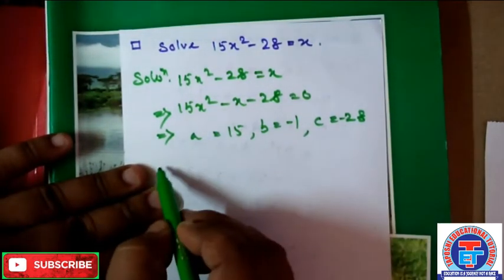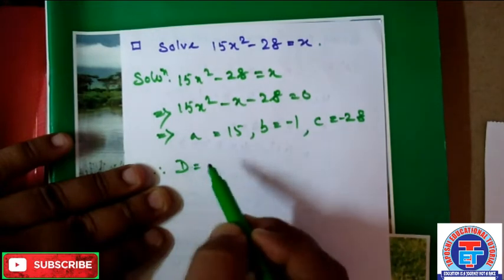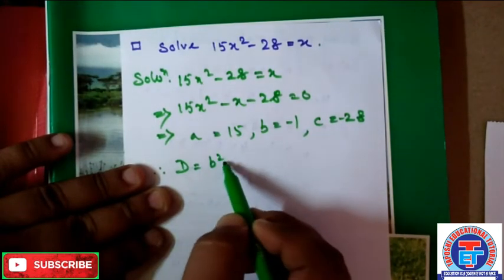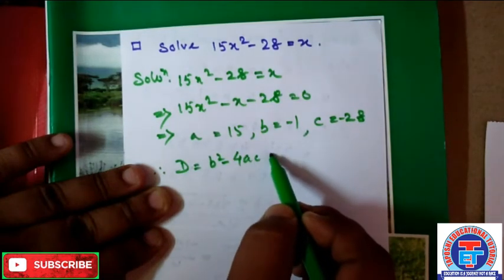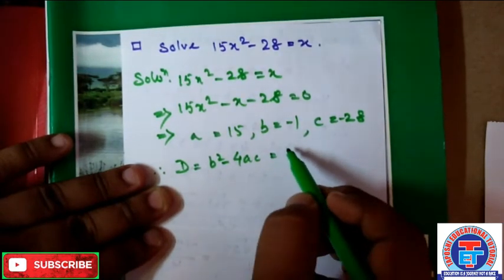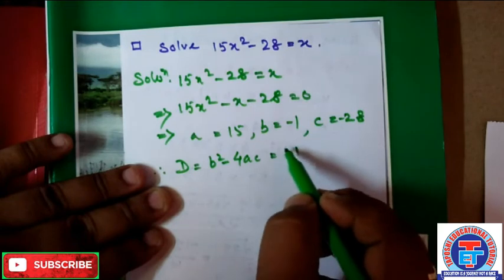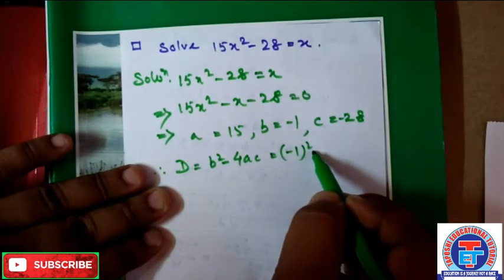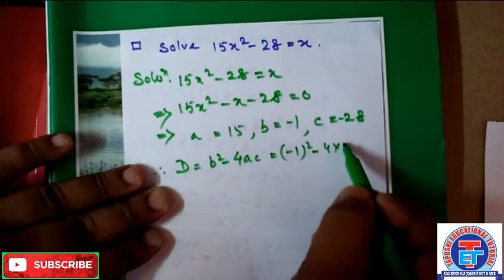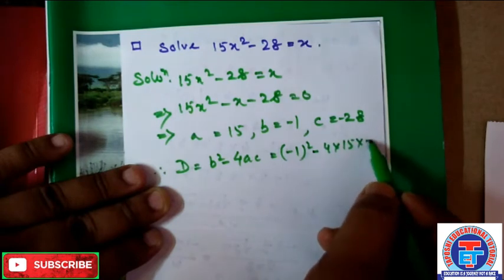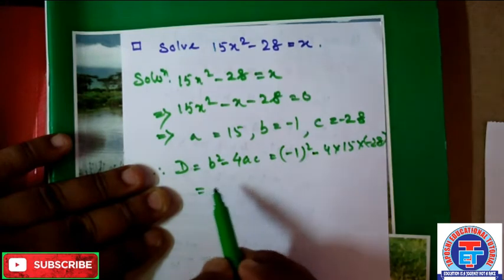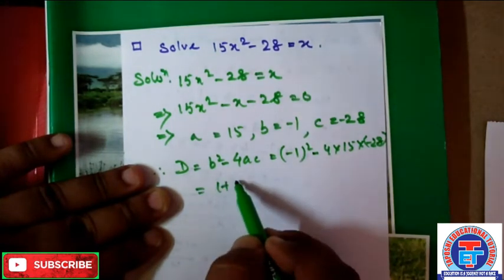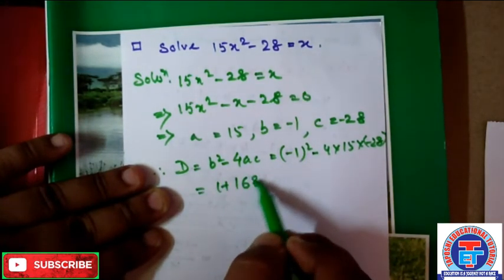Okay, so therefore discriminant d is equal to, we can write b square minus 4ac. That means it will become minus 1 its square minus 4 into 15 into minus 28. Right, it will become 1 plus 1680.